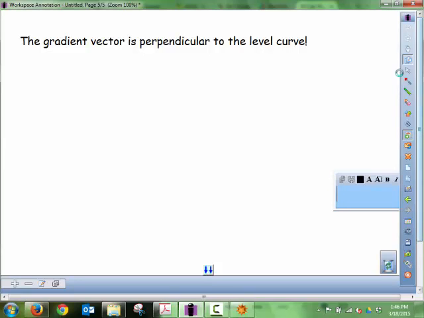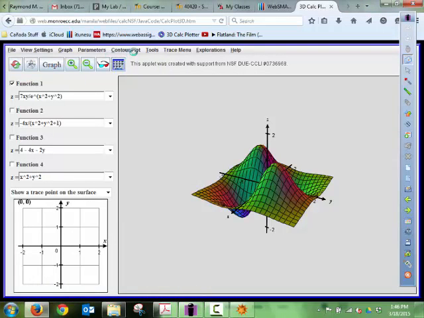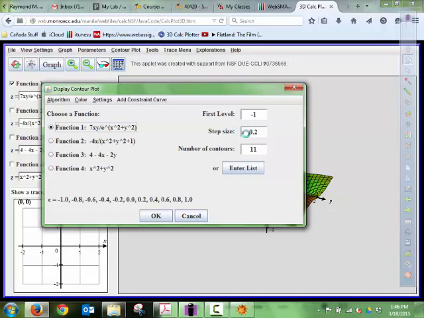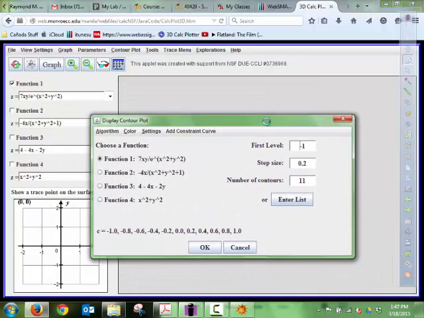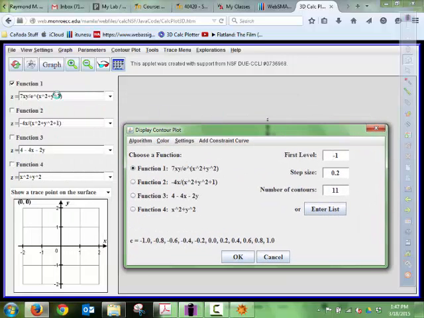So let's do several contour plots. Let's try to include 1.5 here. What's 1.5? What happens when you put 1.5 into this function is what I'm saying.